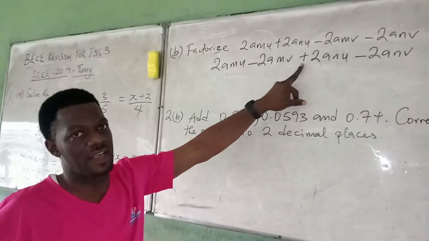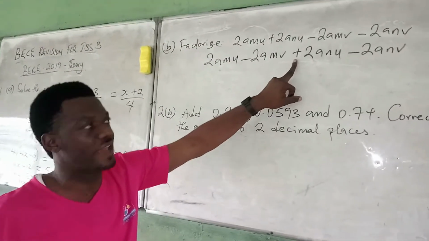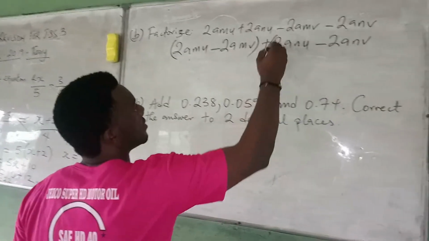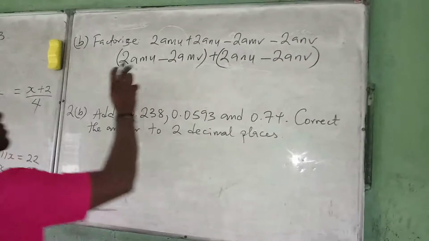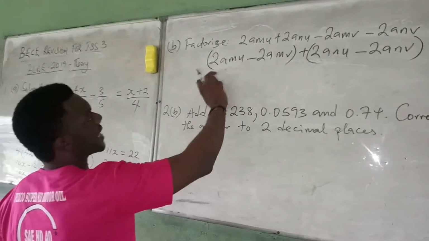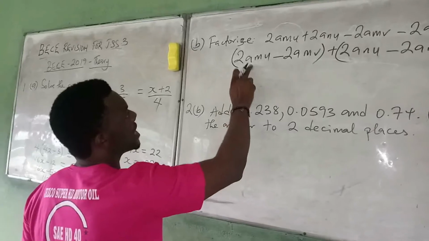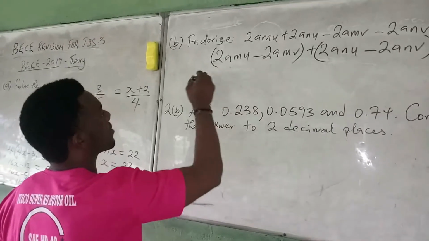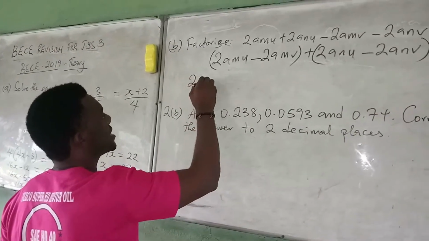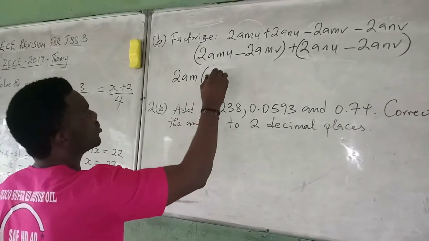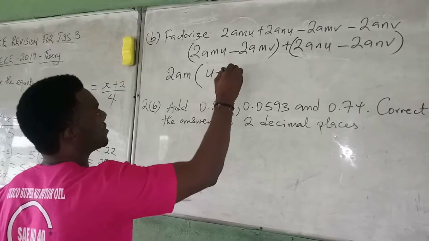Inserting the bracket, no sign will change. So you just insert the bracket, and after you have done that, you will find the common factors here. We have 2am. So we bring out 2am, bracket, divide this, we have u remaining, minus v.